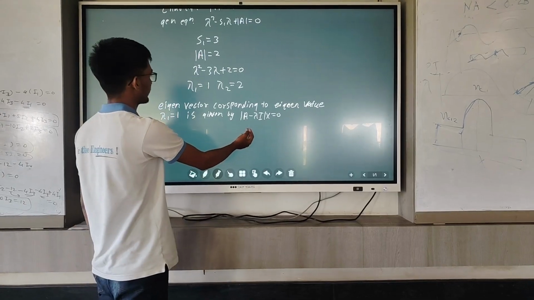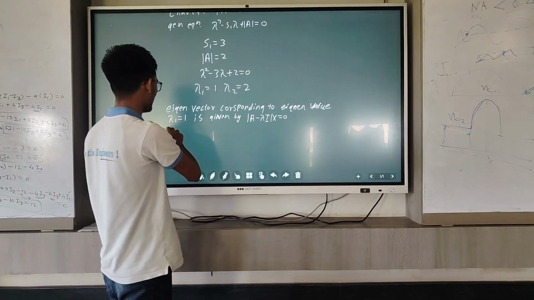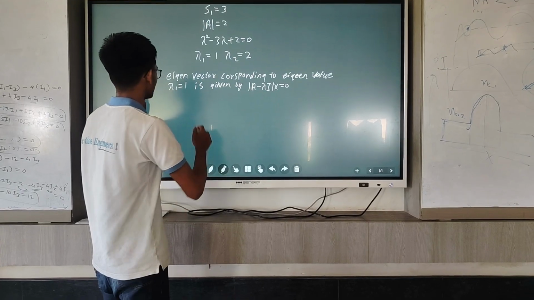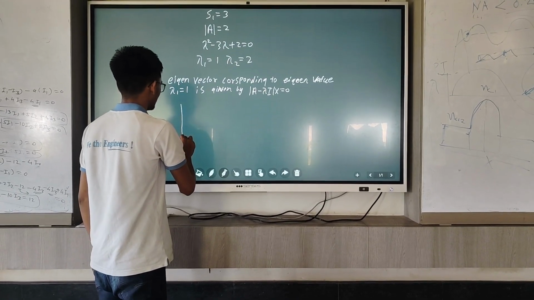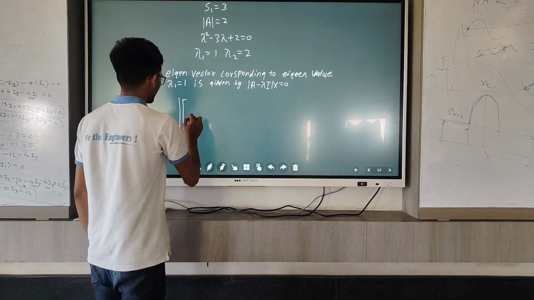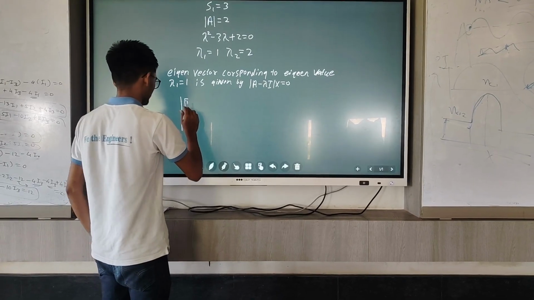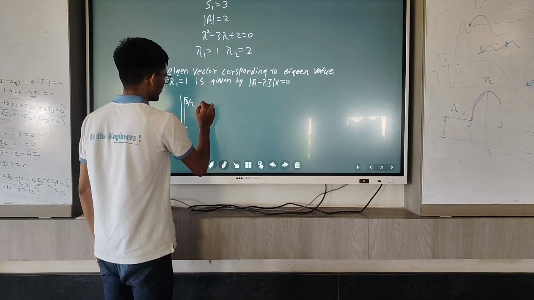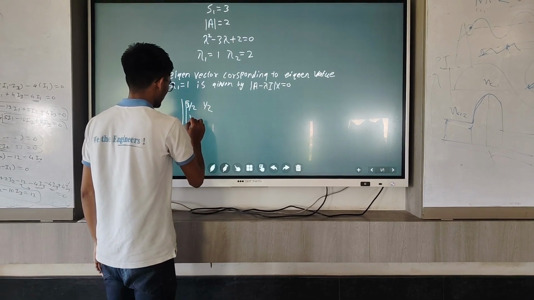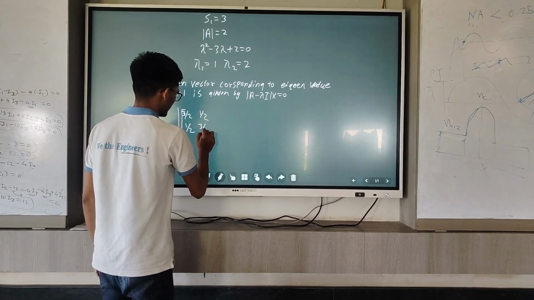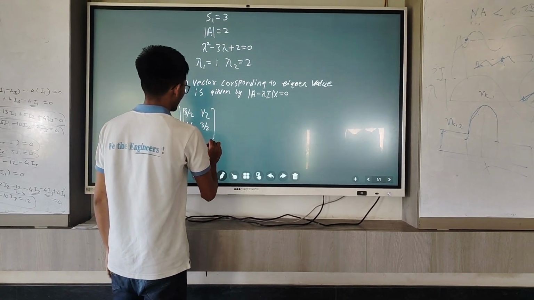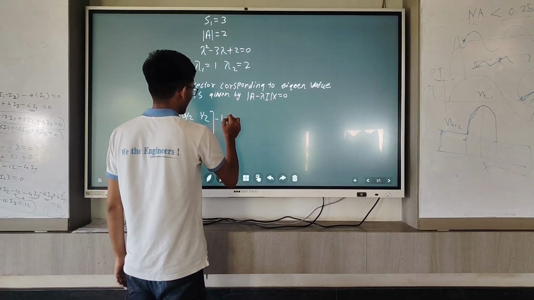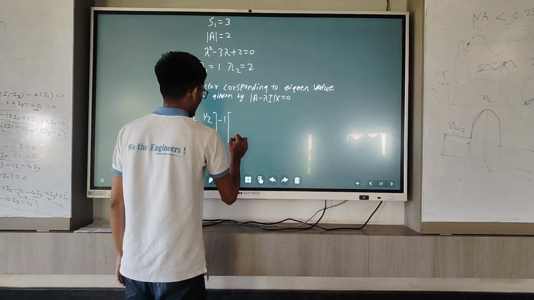Now in this characteristic equation we put the value of lambda 1. So we write the determinant. So we write here our matrix. Matrix is 3 upon 2, 1 upon 2, 1 upon 2, 3 upon 2. This is our matrix, and value of lambda is 1 and I is our identity matrix.